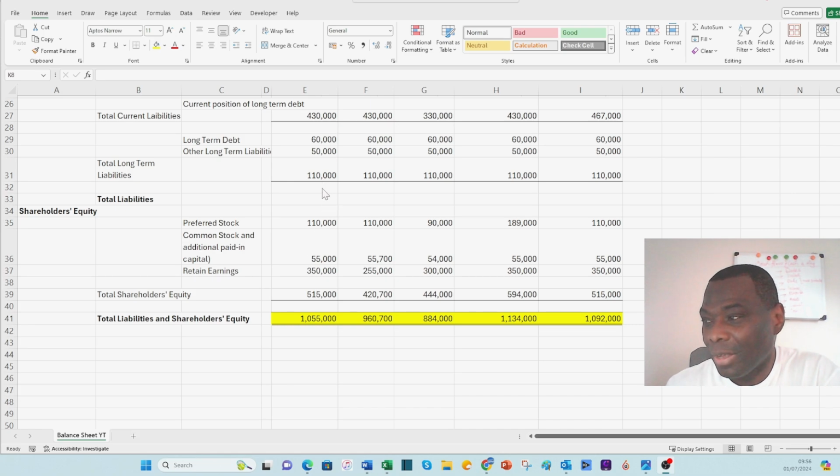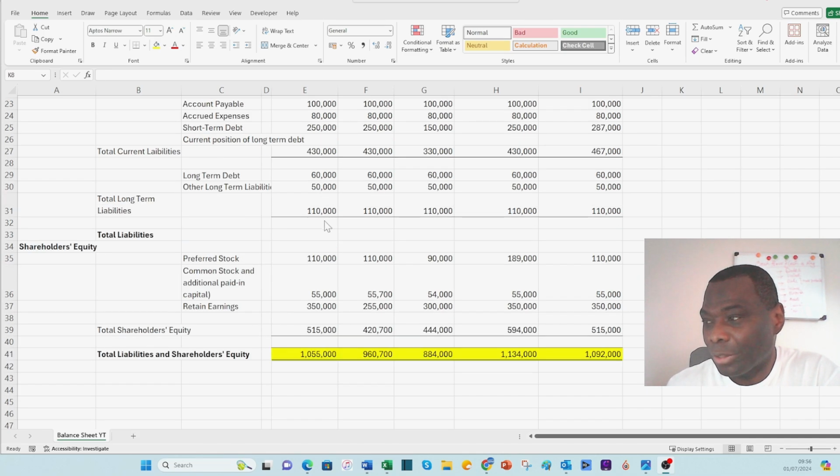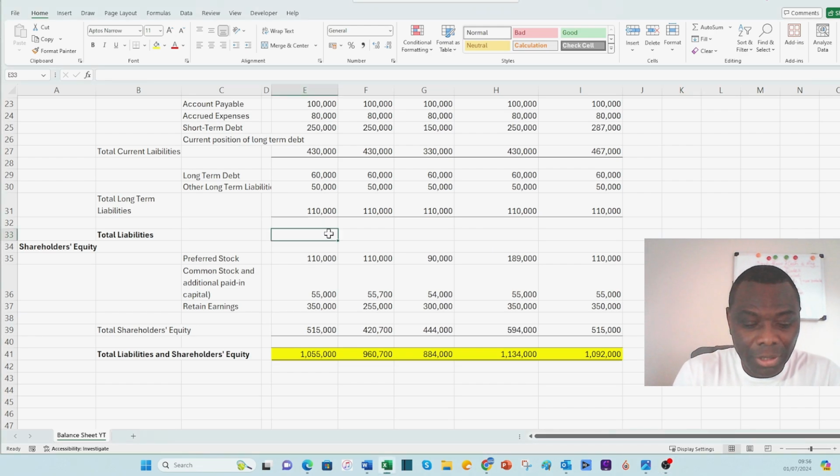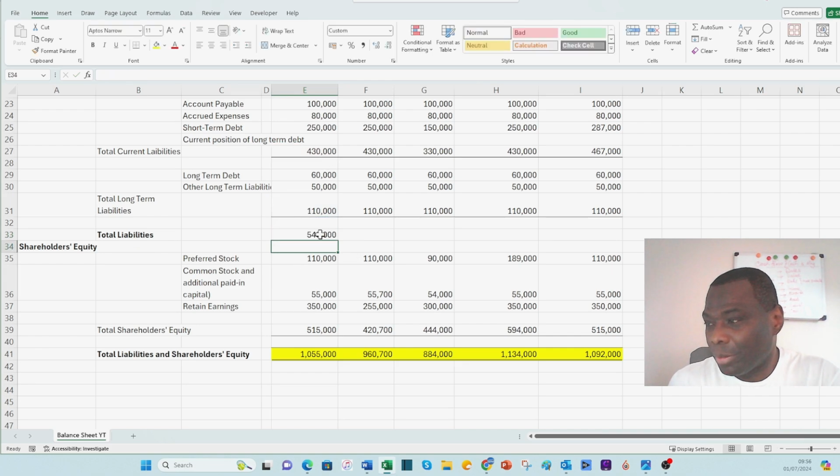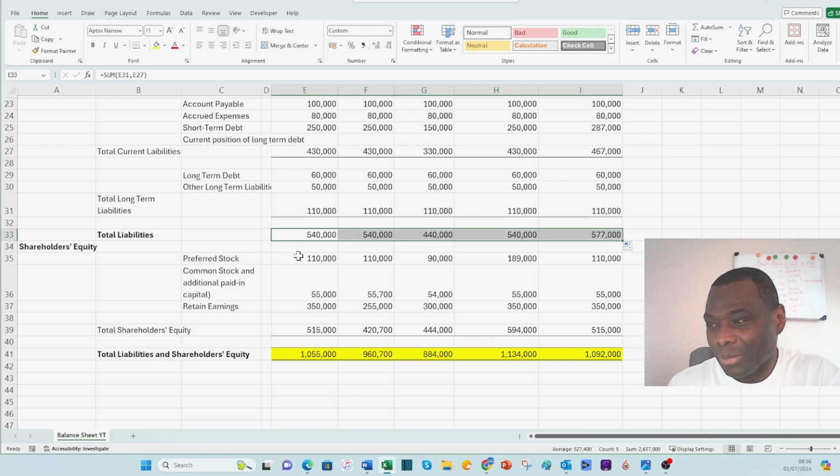If you look at the total liabilities here, you say, what is the total liabilities? You add that plus that, and that gives you that. And that is your total liability for the year, 554,000.